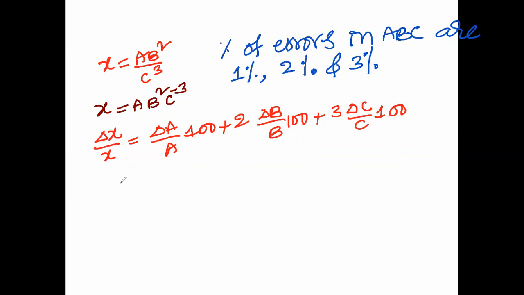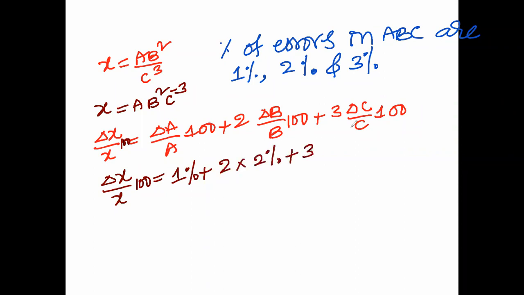Then the percentage of error: delta x divided by x into 100 is equal to delta a by a into 100, it will be taken as 1%, plus 2 into delta b by b into 100, which is 2%, plus 3 into delta c by c into 100, it is taken as 3%.